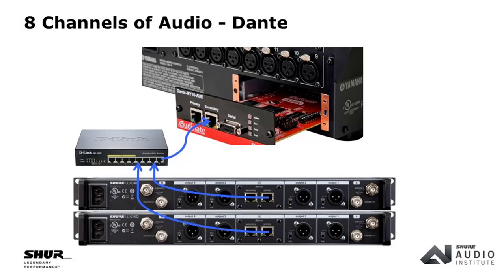So in this case, we've just got a standard switch, which happens to be a D-Link switch, but it could be anything; that's just the photo that we grabbed. And you've got an Ethernet cable running from the Ethernet jacks on each one of these receivers to the switch. You connect your audio mixer to the switch, and voila, 8 channels of audio all running on essentially just an Ethernet network.